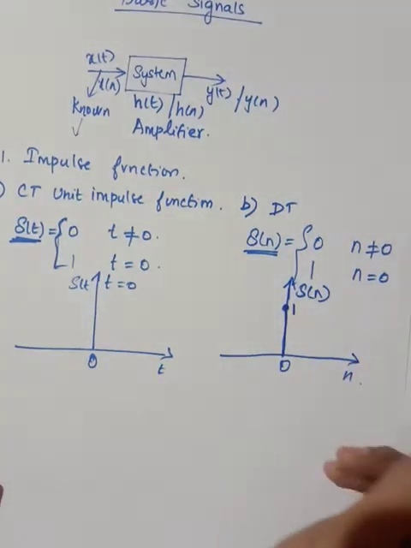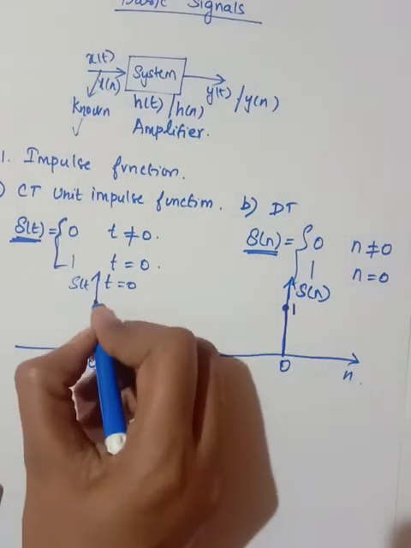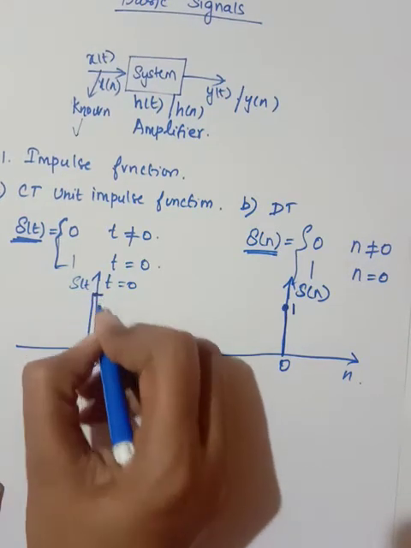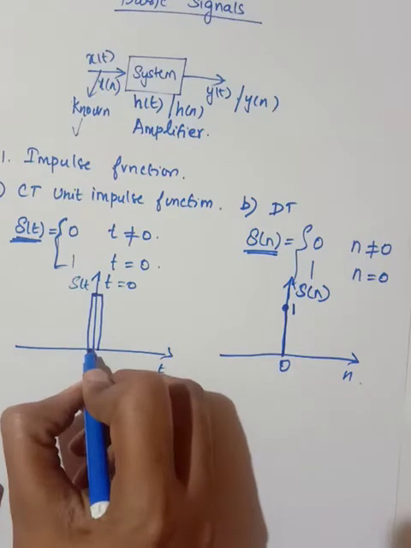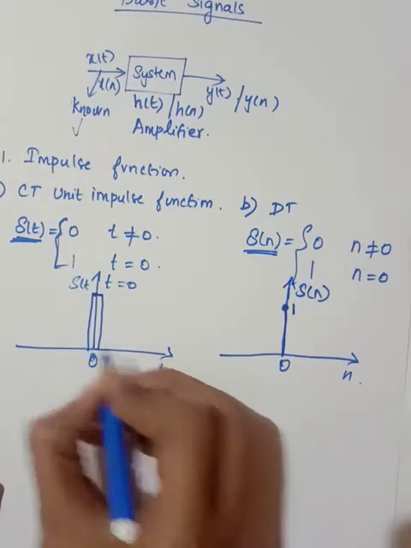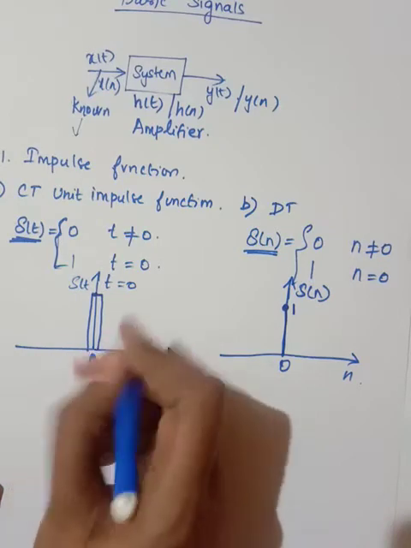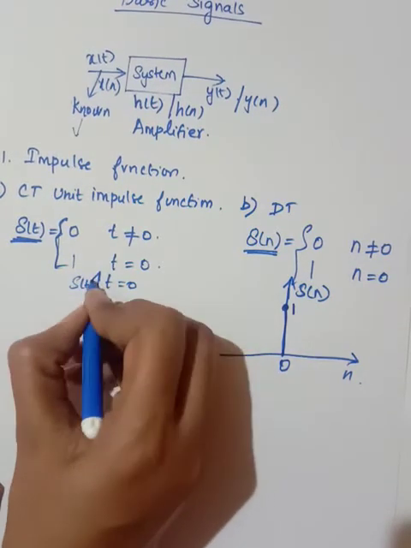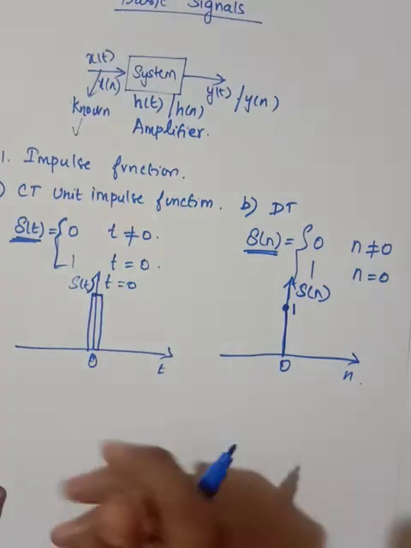So this is del of n. But in the case of continuous time, it will have some small width like this. At t equal to 0 it has some smaller width. This is the continuous time representation of del of t.